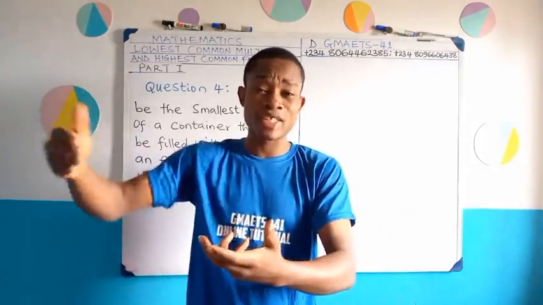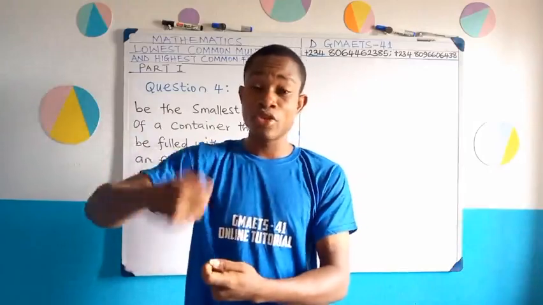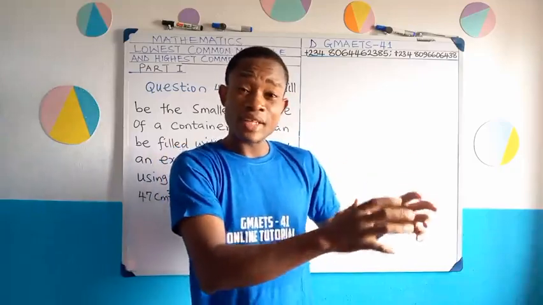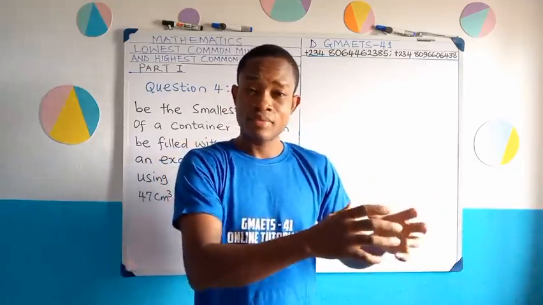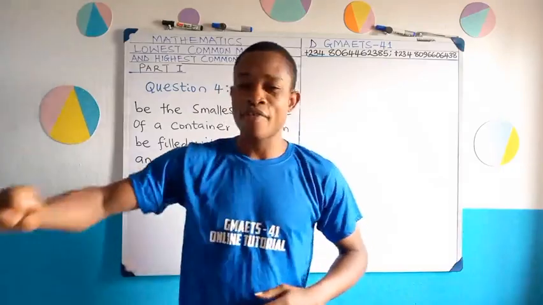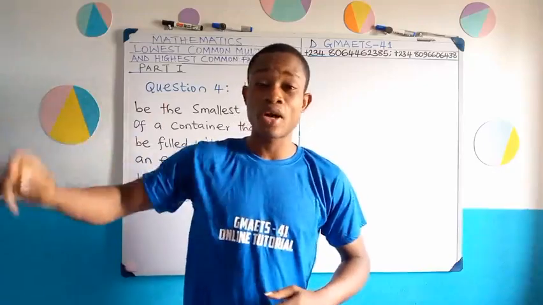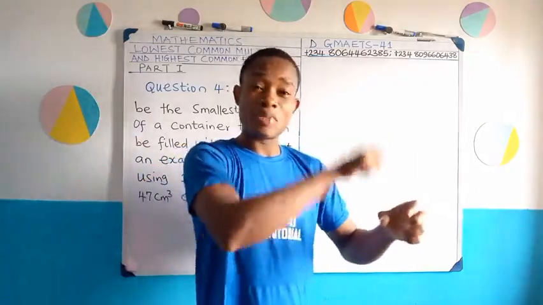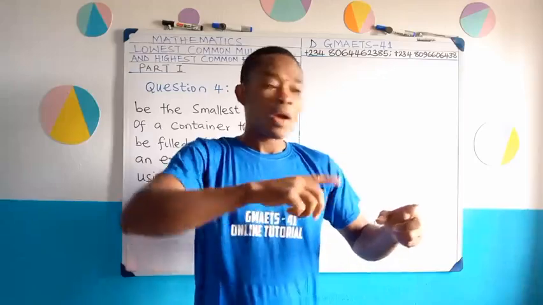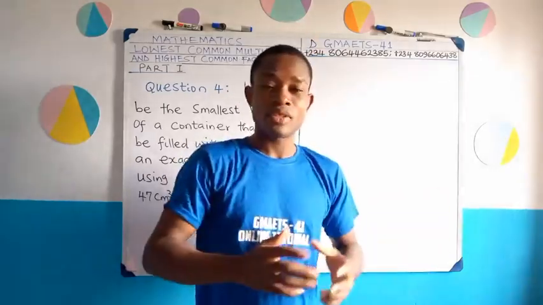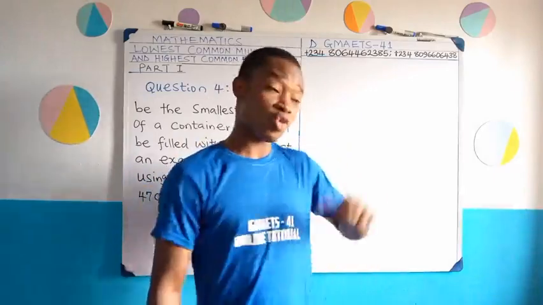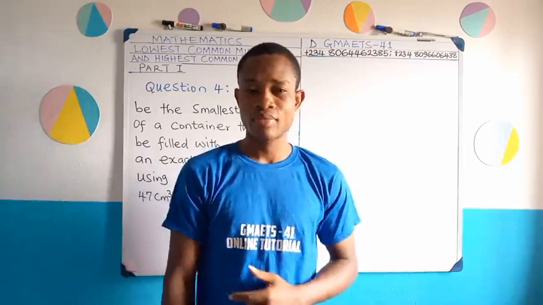Maybe if I give you 3 different sizes of cups, and I said you should use these cups to fetch water and fill, let us say, a small bucket. And then the condition is that as you are fetching water using these 3 cups and you are filling this small bucket, you continue pouring until when this bucket gets filled, there will be no water remaining in any of this cup you are using to fill the bucket.